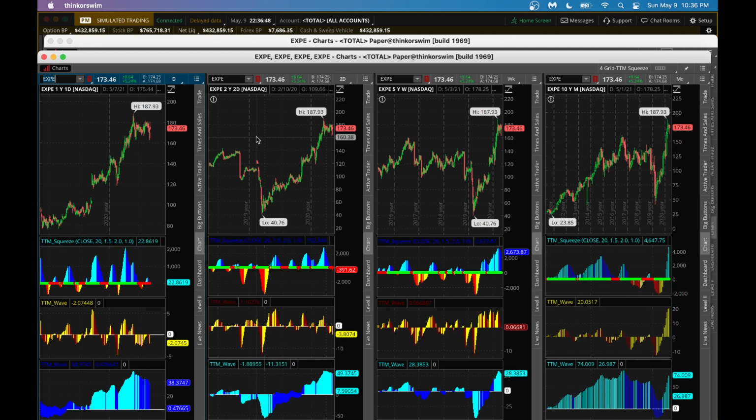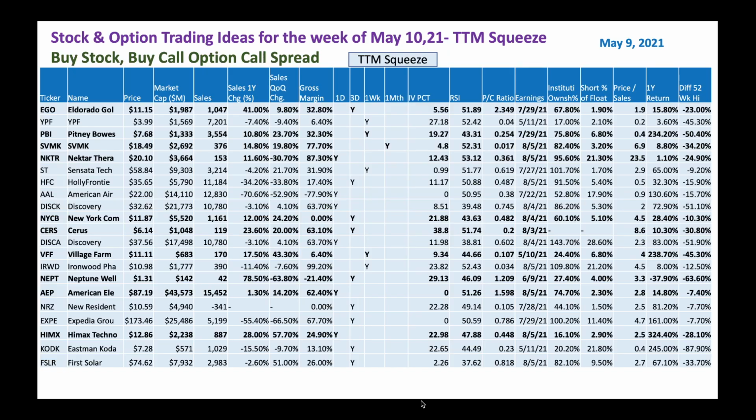On the 2-day chart, that's a little bit positive, but I see a small red line forming here, which means it's not a great setup. I would love to see at least not a red line forming, instead maybe a small blue line forming on the top. So with that, I would skip this one and go to the next idea.